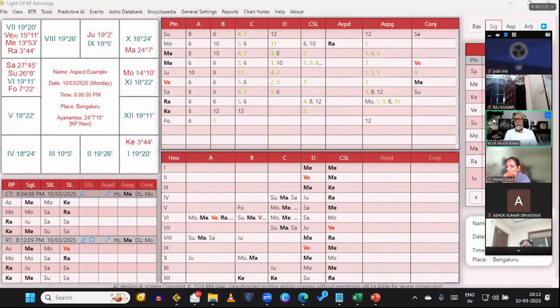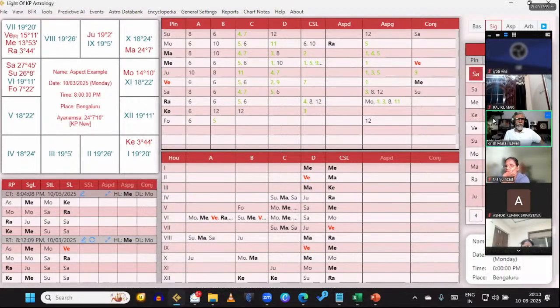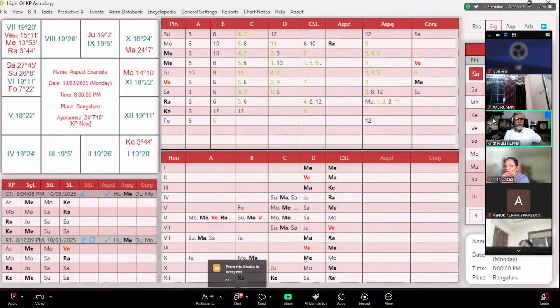Currently, this child is running Saturn Mahadasa and Rahu Antaradasa. No aspect with each other. Saturn is at 27.45, Rahu is at 3.44. So they are not aspecting each other. Okay, so nothing much to be concerned about in this particular case.